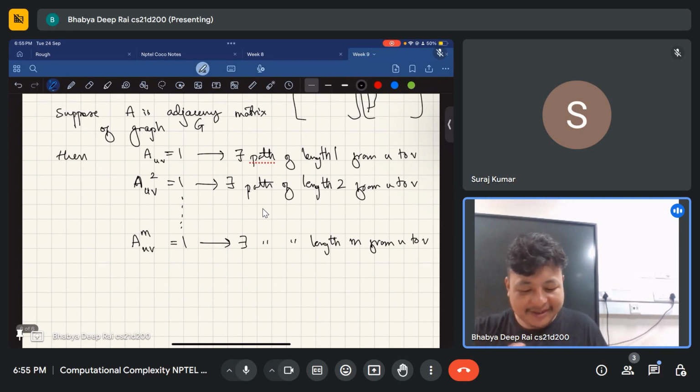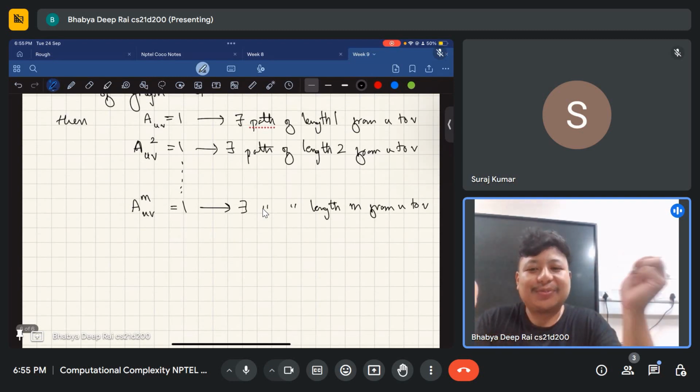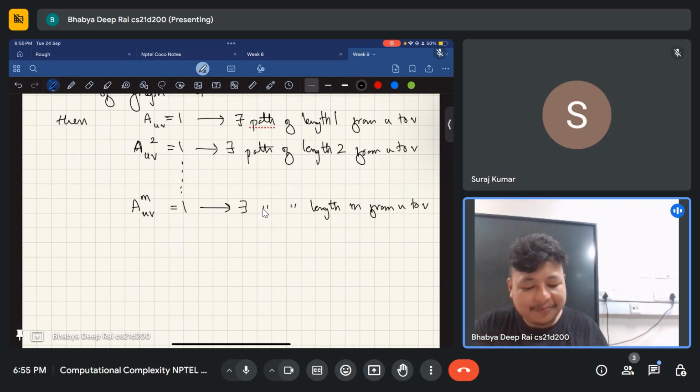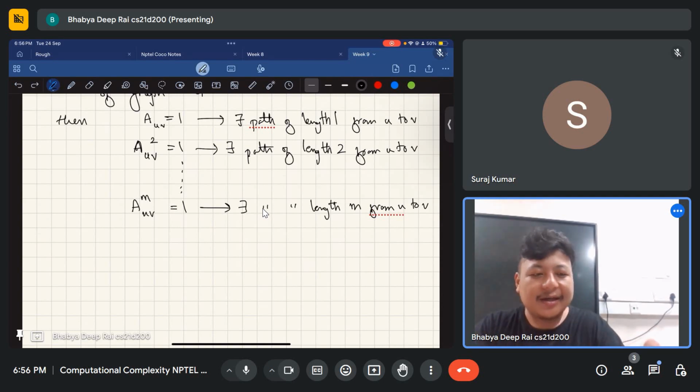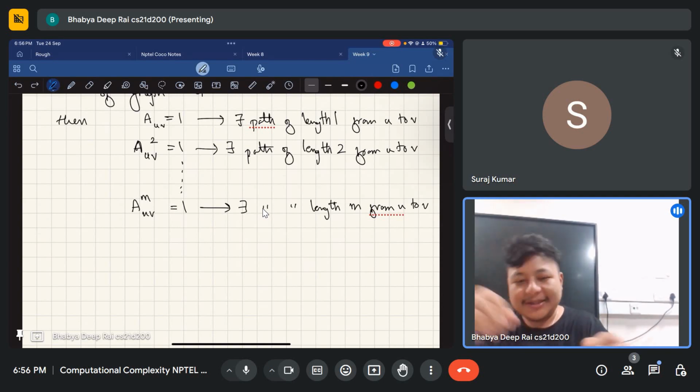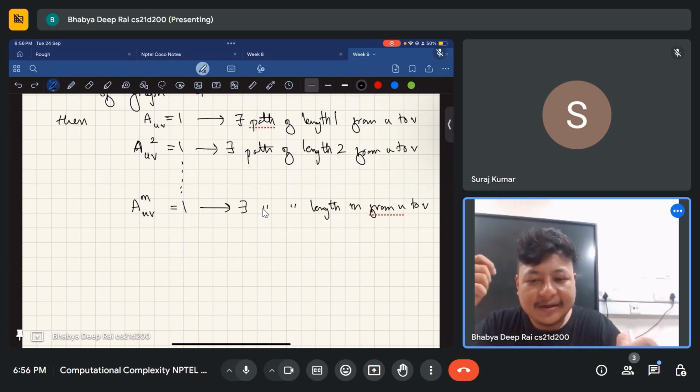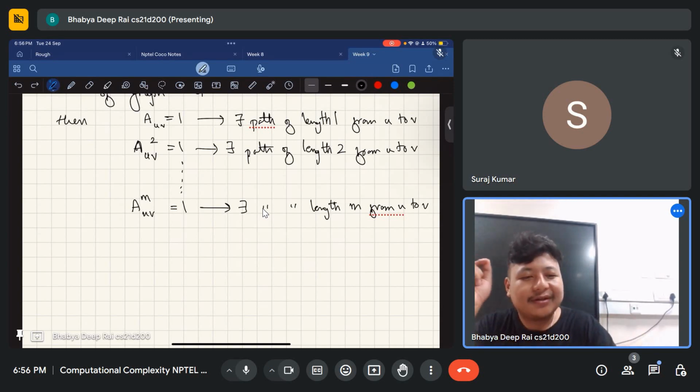Now, what does that mean? Can we do reachability here? Since we are talking about paths, this sounds like reachability only. Well, what does reachability say? Given an S and T, I need to check whether there is a path from S to T. Here it's slightly different. Here the length is mentioned. So this is a variant of reachability.